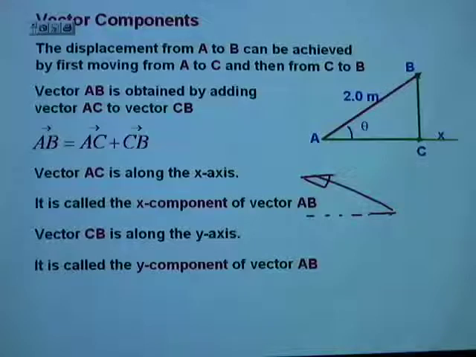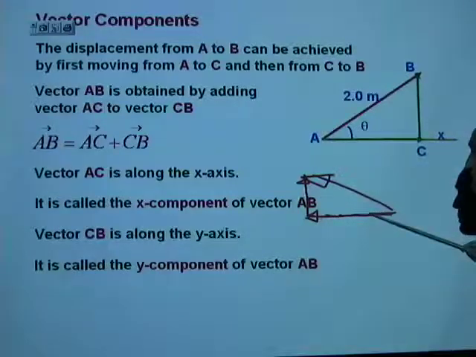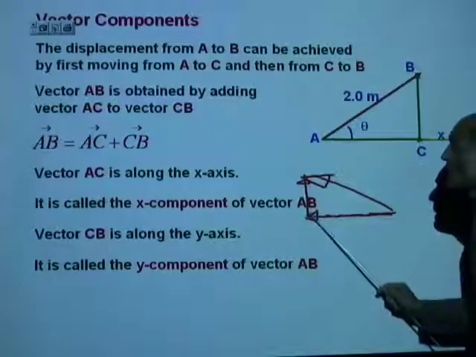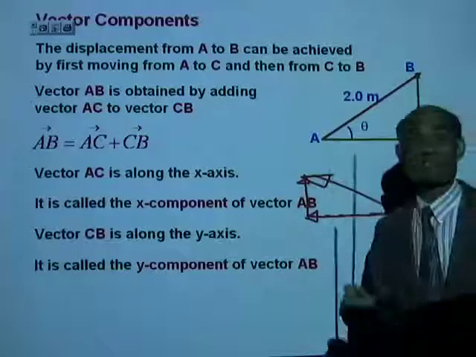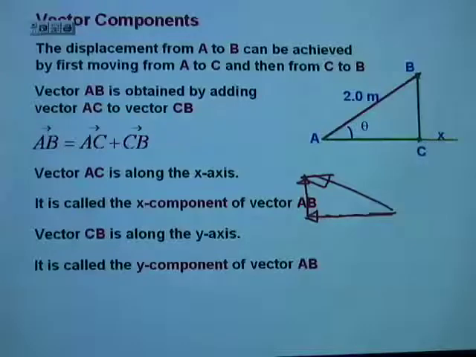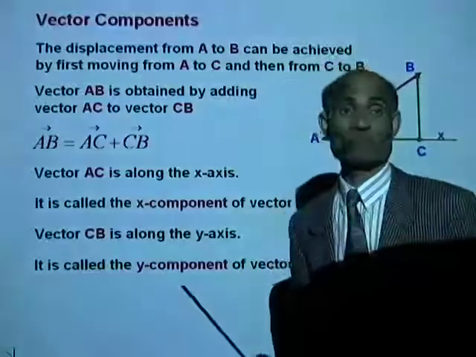Now, it has this x component and this y component. Look at the way I construct. If this is a vector, then its x component is this and the y component is that. Any vector can be broken into an x component and a y component.